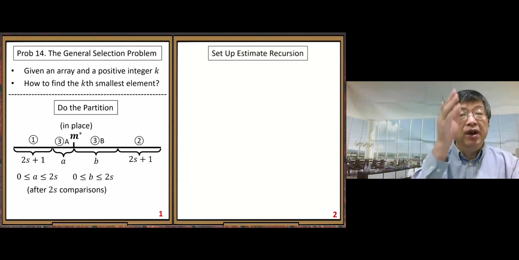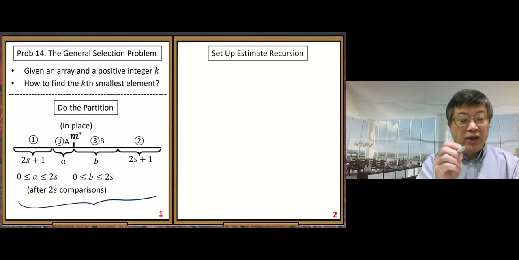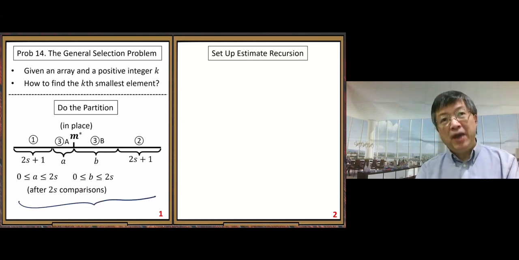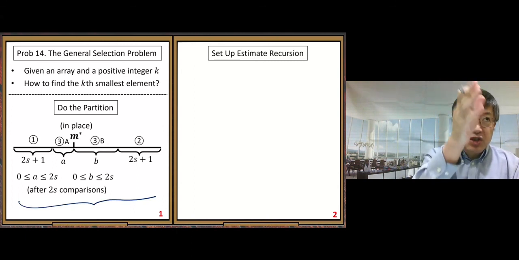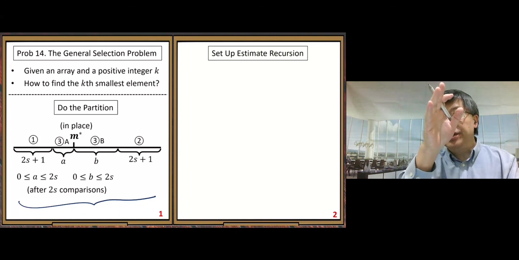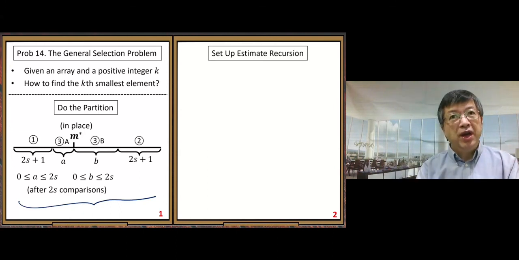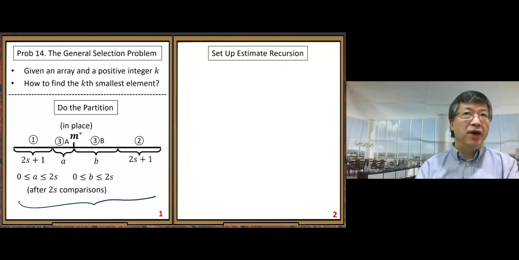First, we need to derive the recurrence relation from the partition. So we get that partition. Now we just get the recurrence equation. But here it is not an equation, it is an inequality. It is still okay.